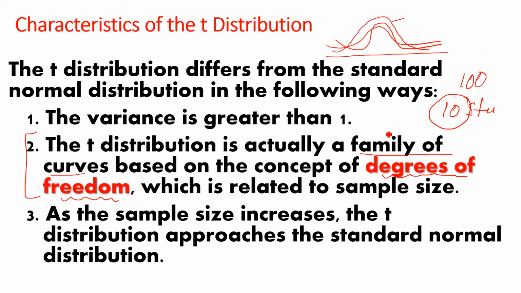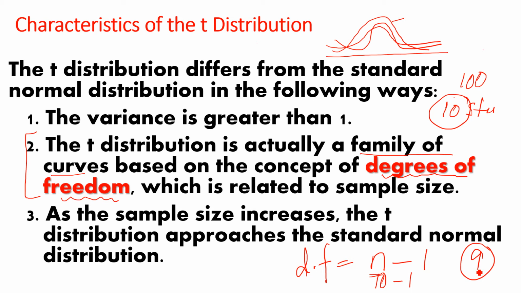Degrees of freedom is represented by df. D.f. means degrees of freedom, which is equal to n minus 1, where n is the sample size. So in this case, my sample size is 10 students minus 1. So my degrees of freedom is 9. Though my sample size is 10, my degrees of freedom is 9.